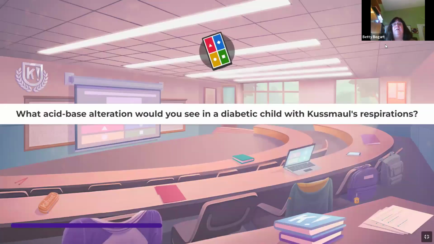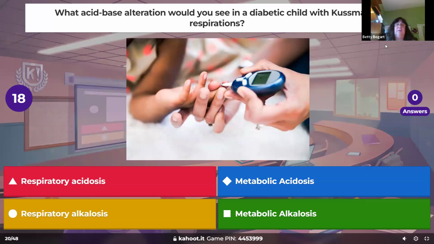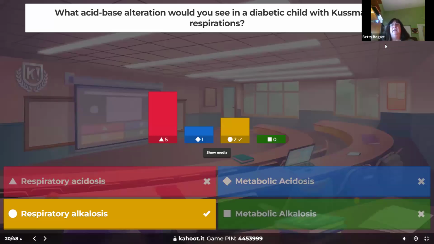What acid base alteration would you see in a diabetic child with Kussmaul respirations? This is DKA. And these are those long, fast breathing, very unusual type of thing. And why do we do that? Well, the body is pretty neat. The body is in metabolic acidosis.